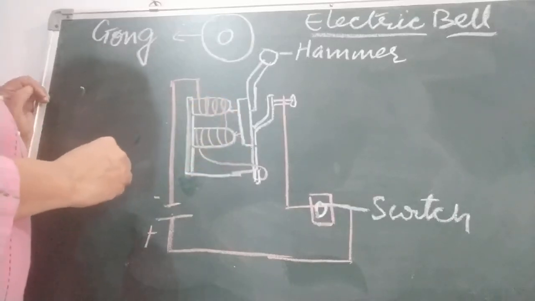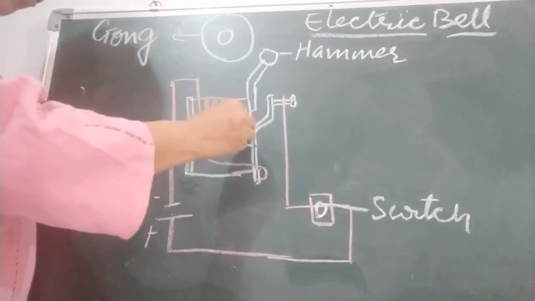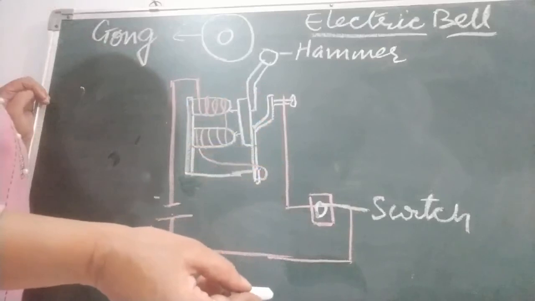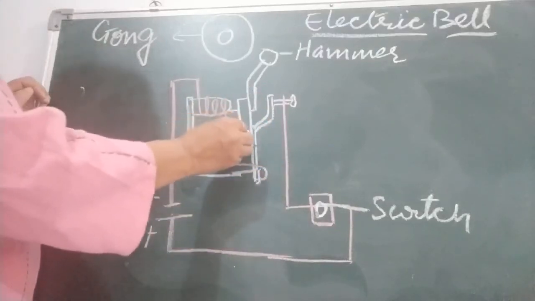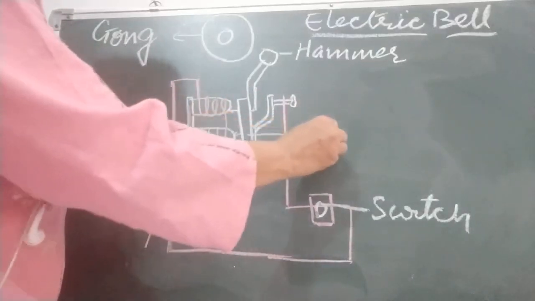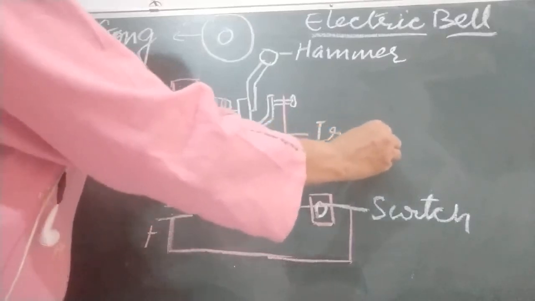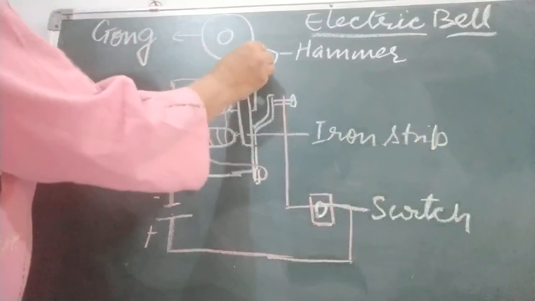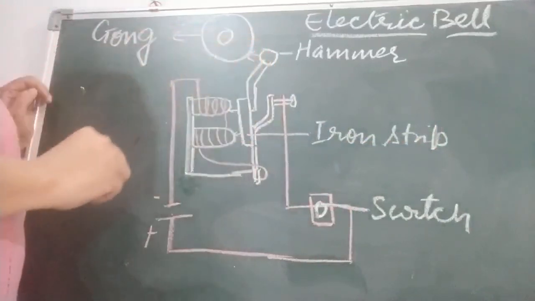This electromagnet attracts this, what do we call this? Armature. It is not given in the book. Electromagnet attracts the iron strip, and what happened? This is going to beat this gong.